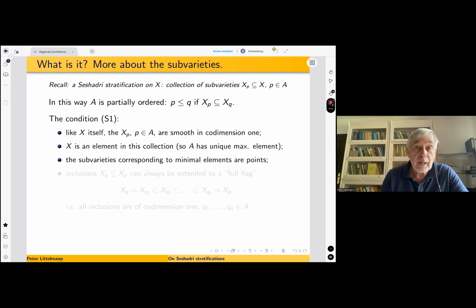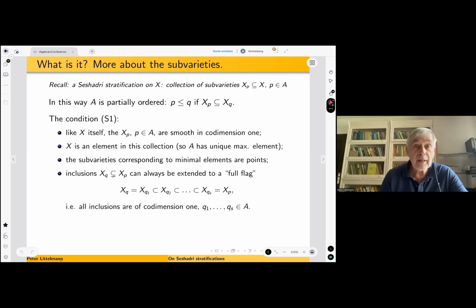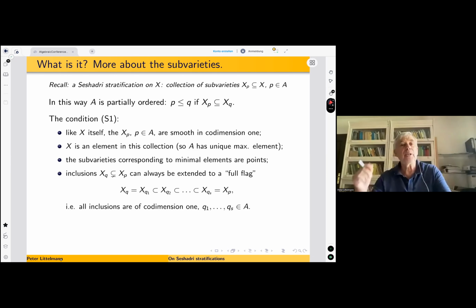I want that the subvarieties corresponding to minimal elements in this partially ordered set are points. And then I have something like a flag condition. Whenever X_Q is contained in X_P and this is not of codimension 1, then I want that in my collection of subvarieties I can find other ones which I can squeeze in between, so that I get a flag of varieties contained in each other, always by codimension 1.